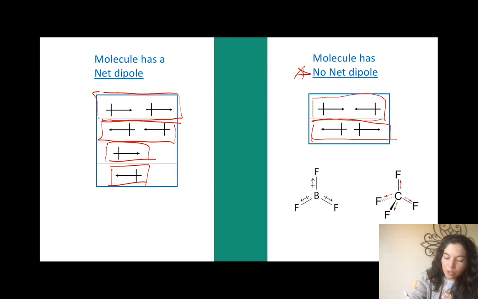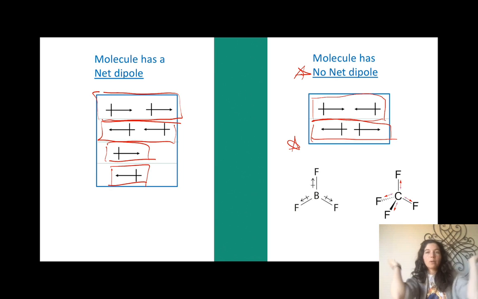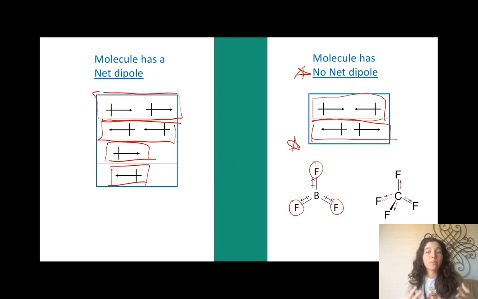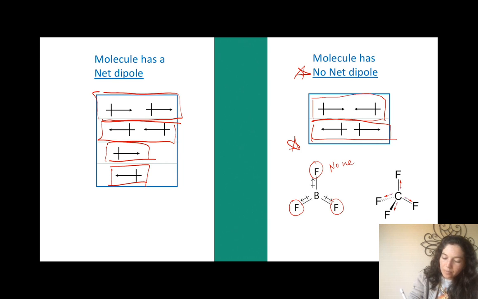Some notable exceptions to this equal but opposite force are when you have a trigonal planar molecule that has the same atoms around it. If you have the same atoms, they're pulling the same amounts. This also has no net dipole.